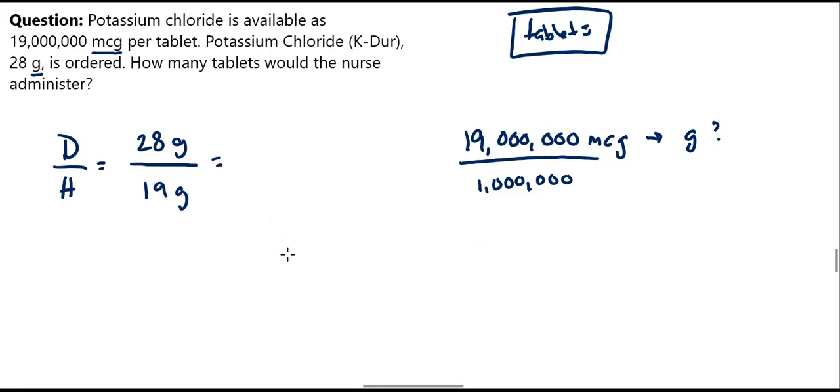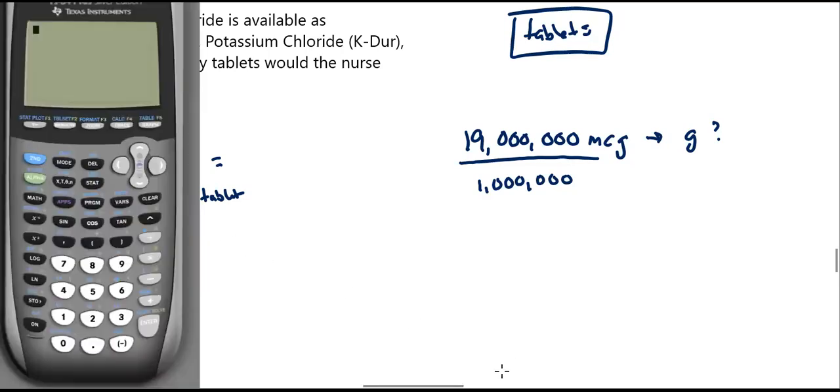So we get 28 grams over 19 grams. This is per tablet still. Whoops. The slash mark means per. I need to write per again, just tablet. So 28 divided by 19. That one I'm not doing in my head. I get 1.47.